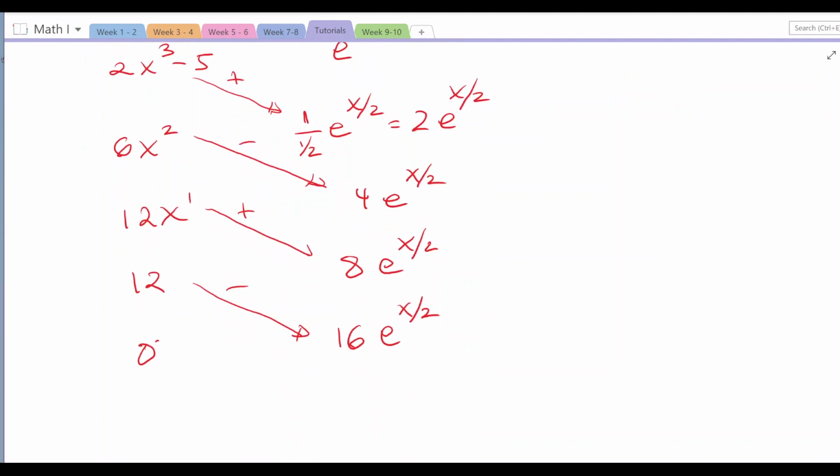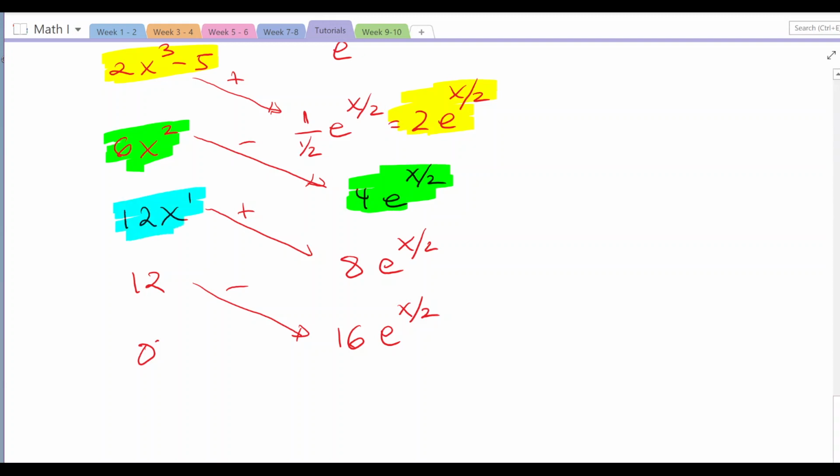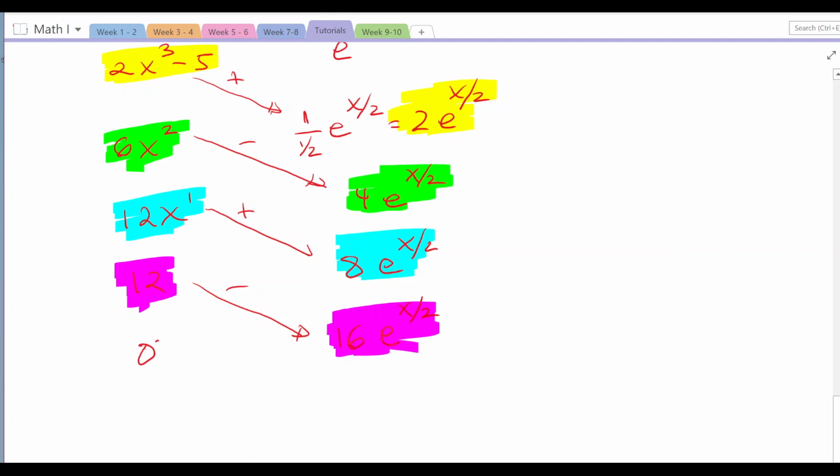So we're just basically going to multiply these terms with this term, and similarly these terms with this term, and this term with this term, maintaining the sign, positive, negative.